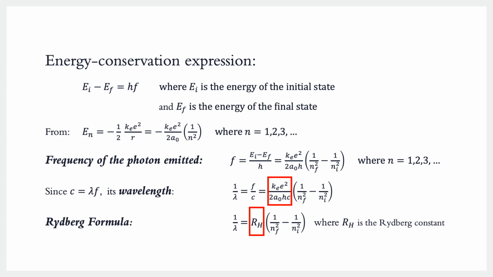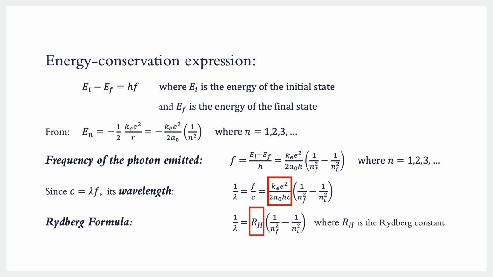Because the quantity measured experimentally is wavelength, it is convenient to use c equal to lambda f to express this equation in terms of wavelength. So we replace the left side term into 1 over lambda, or frequency f over speed of light c.